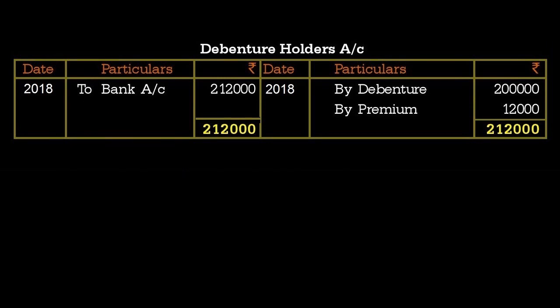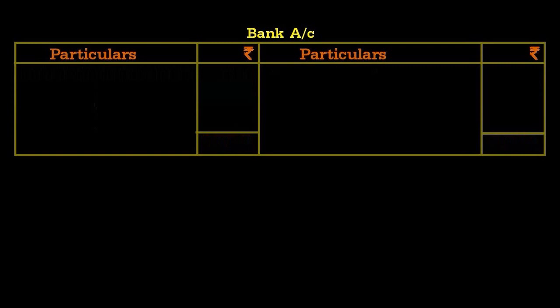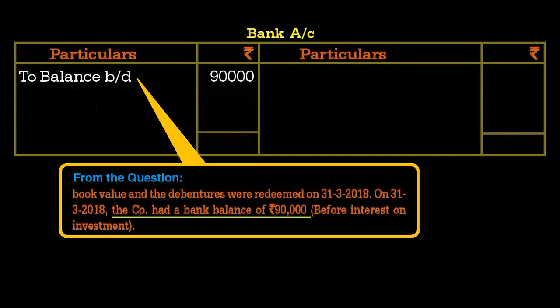So total of the debenture holders account is 2,12,000. Remember, debenture holders account and bank account we open only for the last year, not for all 5 years. When we are going to pay, only in that year we open debenture holders account and bank account. So debenture holders account closed. Now the last account we are opening is bank account. In bank account it is already given what the opening balance is. Bank is an asset, so the opening balance is always debit.